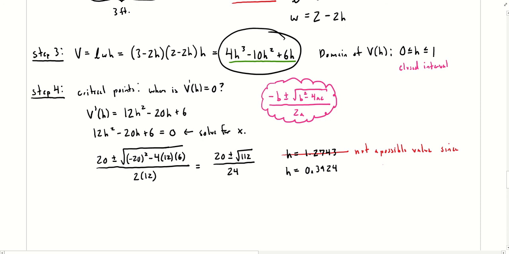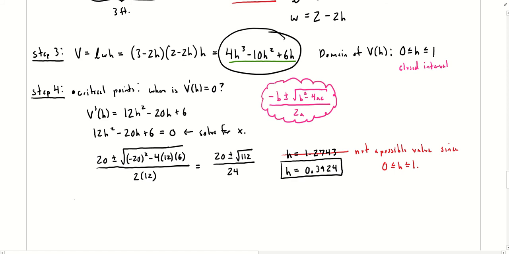So I can exclude that value of h that's greater than 1. So this is the critical value that physically works with this example. That takes care of my critical points.